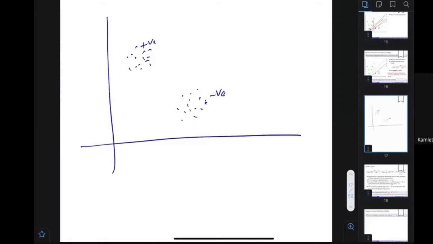I want to maximize the margin. Is this line good? The answer is no. Is this line good? No. Is this line good? It looks better. But everybody is okay with me? Can you say yes, that this line is better?